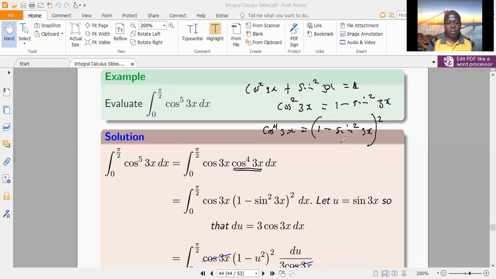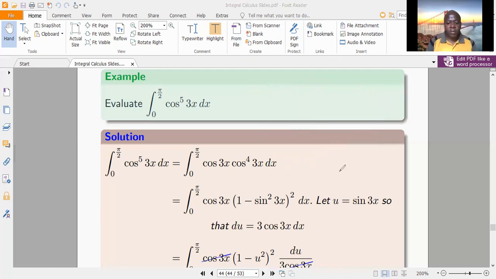So this is what you'll see me substitute here. This one remains what it is, but instead of this, I have 1 minus sine 3x squared, all squared, dx.